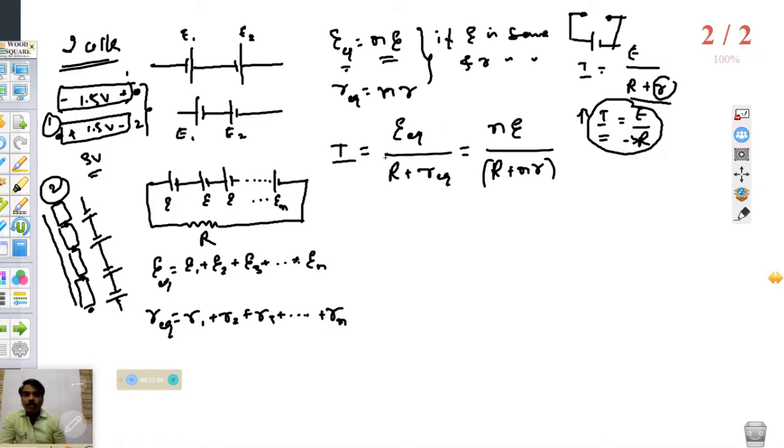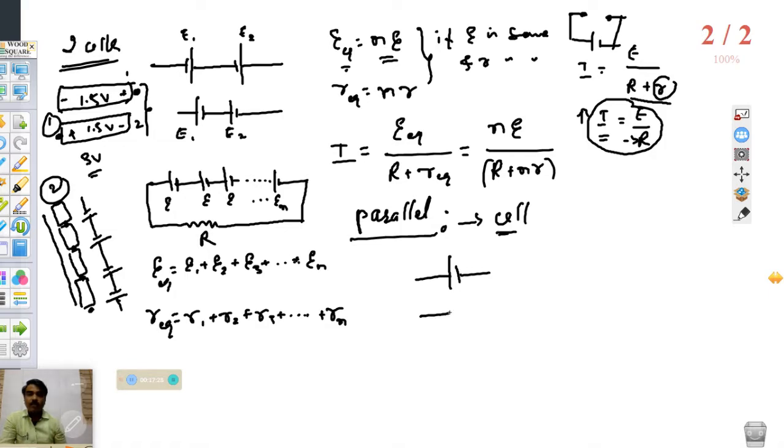And now look at the same in parallel combination. Okay, parallel combination of cells. The cells are connected in parallel. So the combination of cells in parallel is the same as that of the series combination of resistors. It means the cells have to be connected to the common terminal. First battery, then the second battery, then the third battery. Like this we can connect n number of cells.